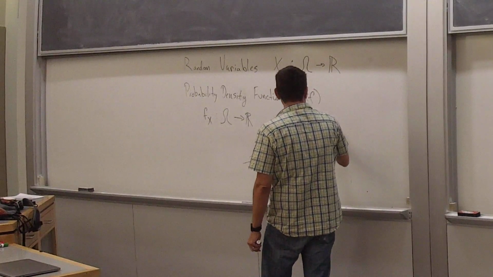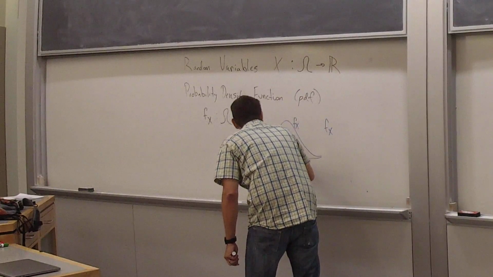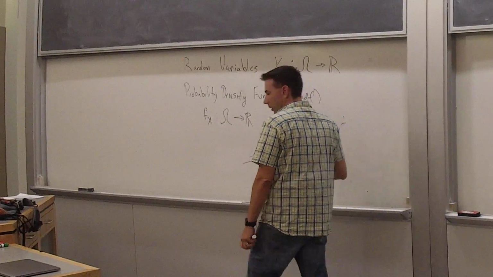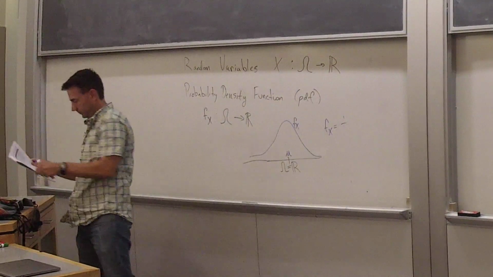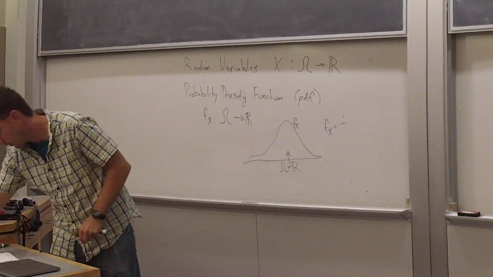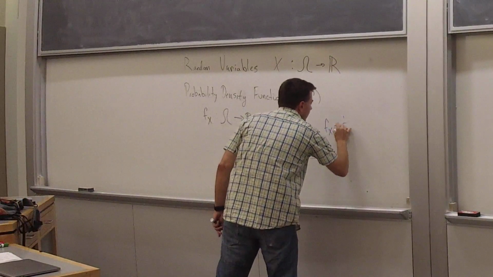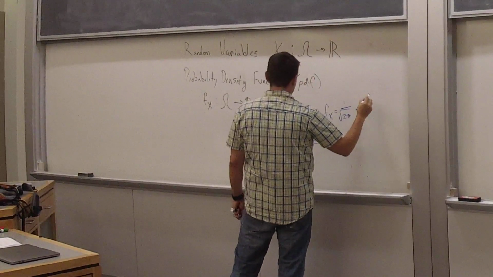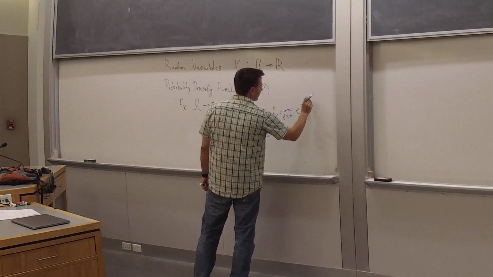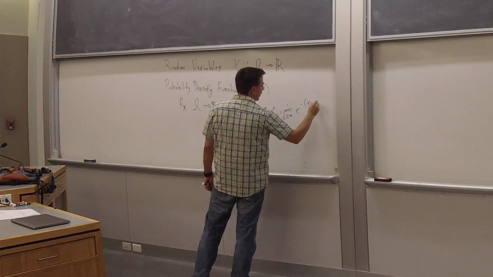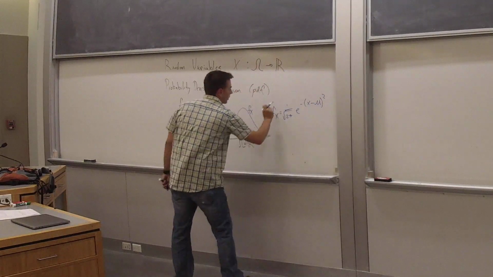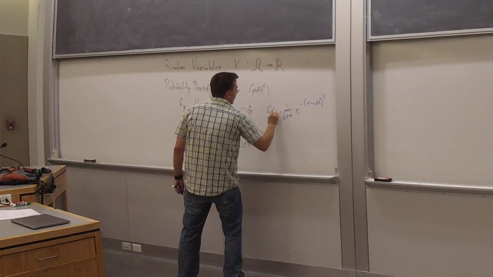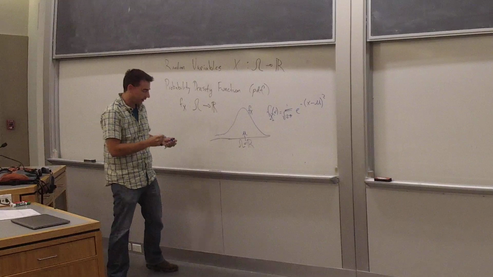So this could be f of x, let's write some value here, mu, and this would be 1 over square root 2 pi e to the negative lowercase x minus mu squared. So this would be f of uppercase X evaluated at lowercase x.